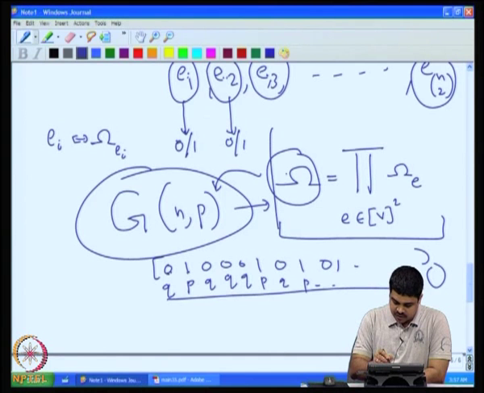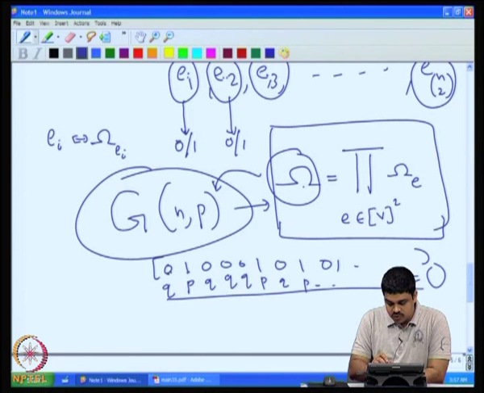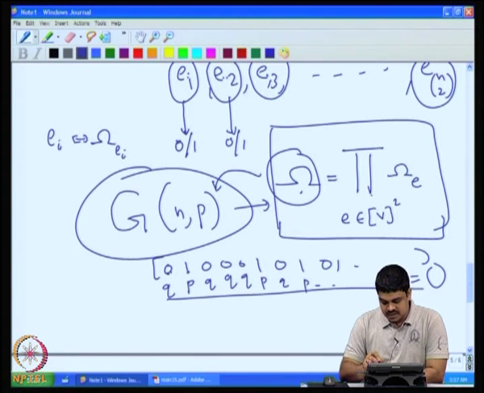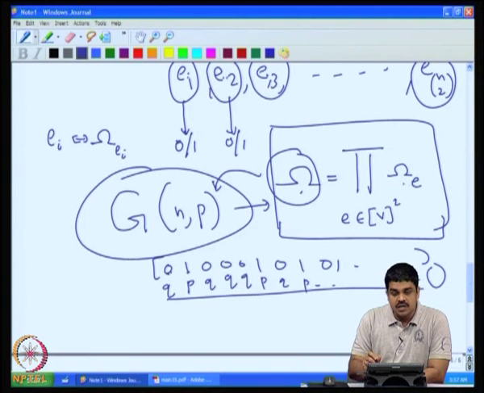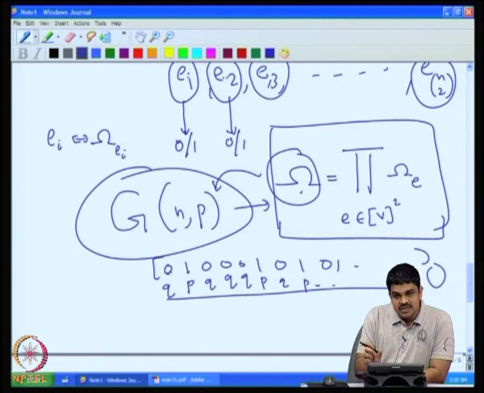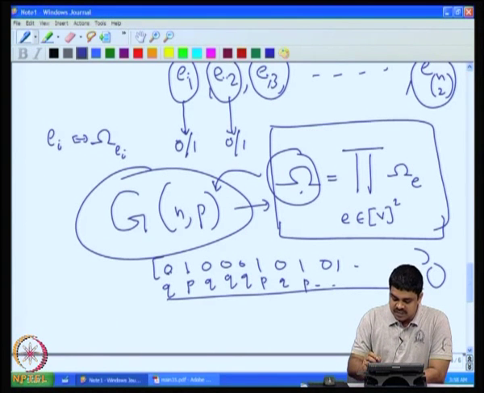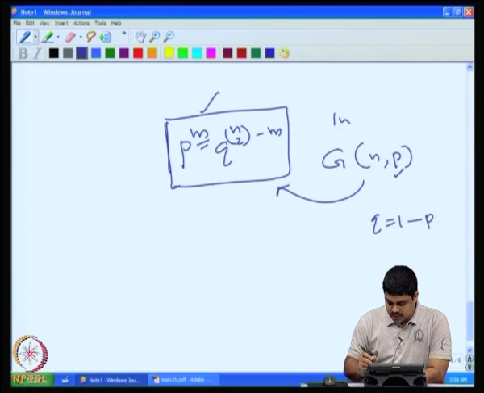So, the elements of this omega are essentially the Cartesian product of the elements of each of these small spaces, and therefore they can all be interpreted as binary strings, which can then be mapped to the corresponding graph. That is why we say that the elements of this omega are essentially the graphs on n vertices and the probabilities are clear. So, this is G(n,p).